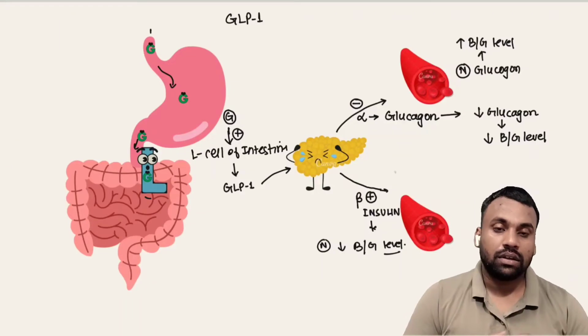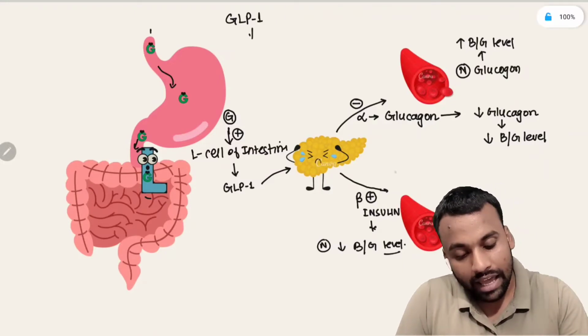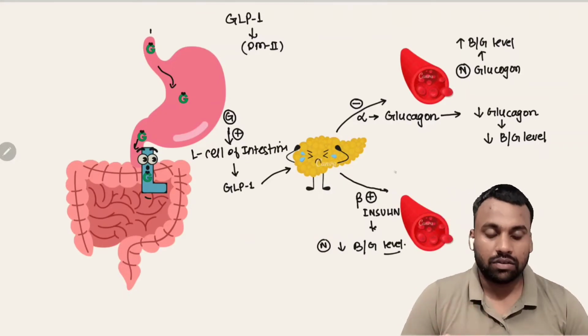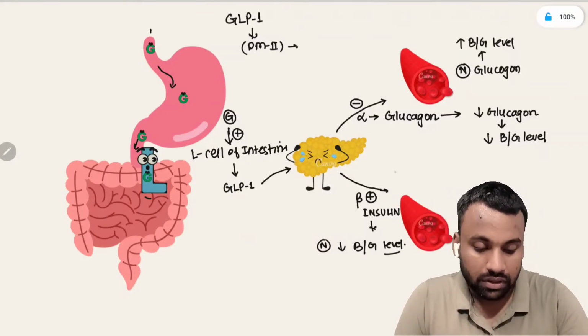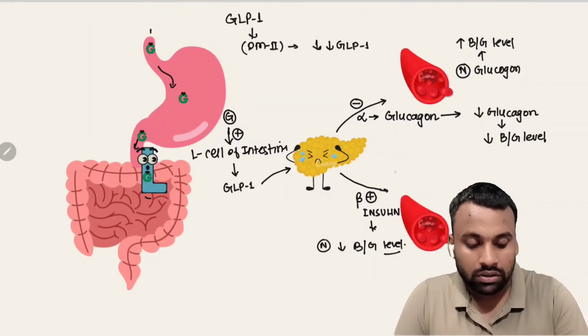And we understand the disease condition. What will happen in a condition like diabetes mellitus type 2? There is a decrease in the formation of GLP, a low amount of GLP-1.